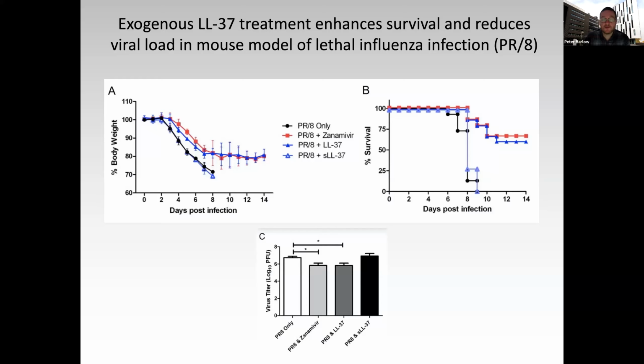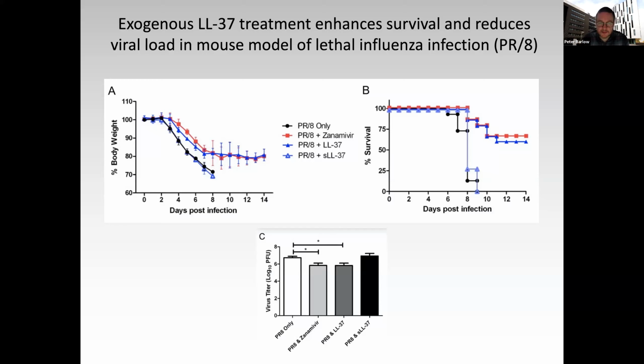And we also treated them with either LL-37 or scrambled LL-37. Scrambled LL-37 acted like a control. It had all the same amino acids as LL-37, but scrambled up into a random sequence.